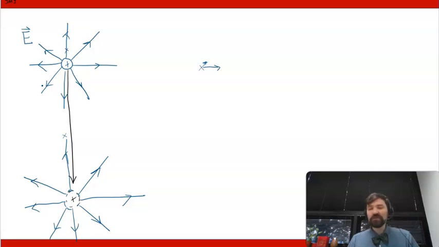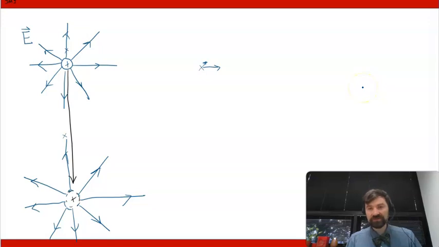So when does that change occur? Well, as it turns out, it's not instantaneous. It takes some amount of time for the information about this particle being moved from here to here to propagate to this third point some distance away.